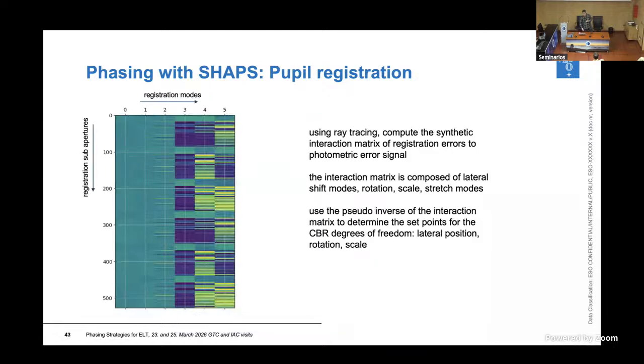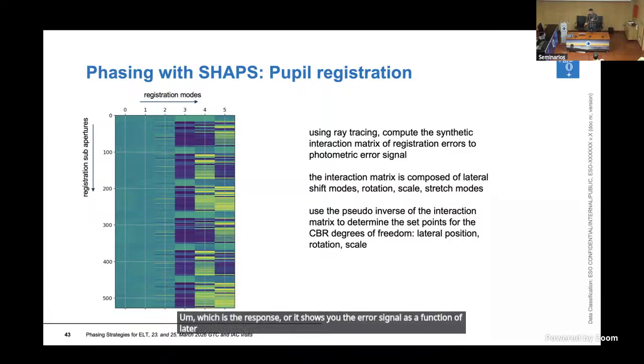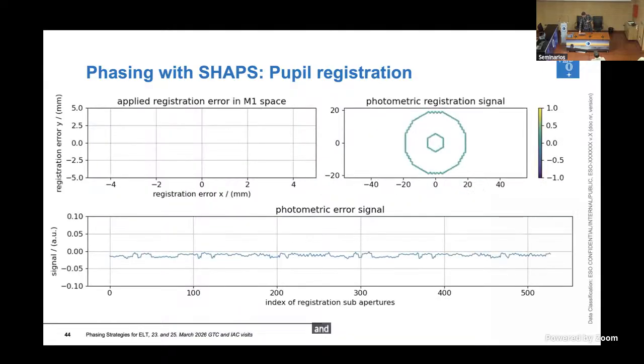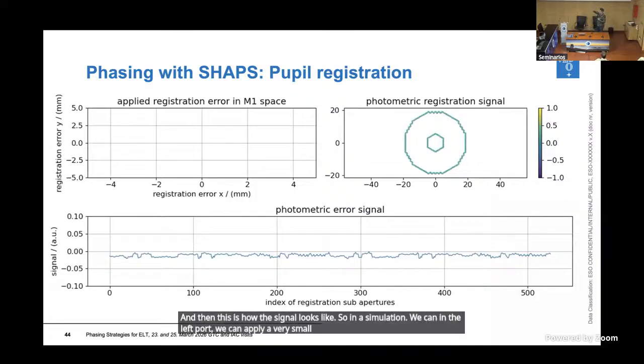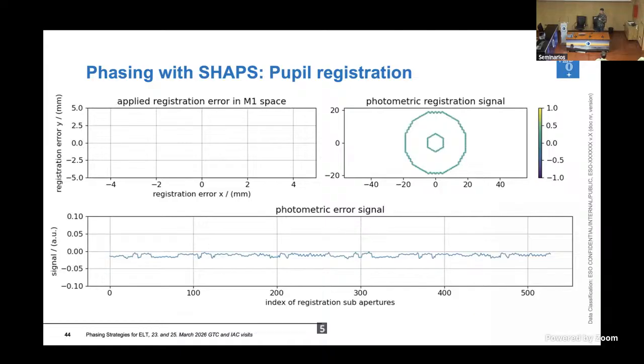You can build in simulations a model for that, which shows you the error signal as a function of lateral X, Y, scale, stretch modes, and rotation. This is how the signal looks. In a simulation, in the left plot, we can apply very small registration errors, and the bars here are plus or minus 5 millimeters.